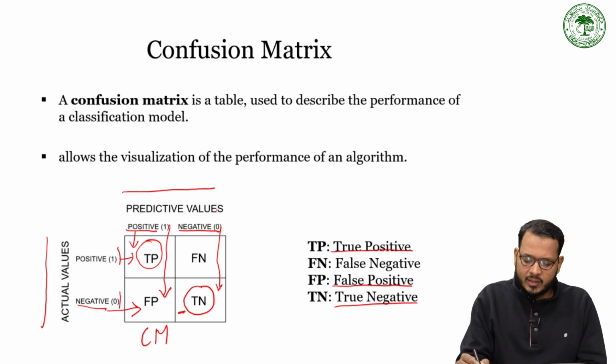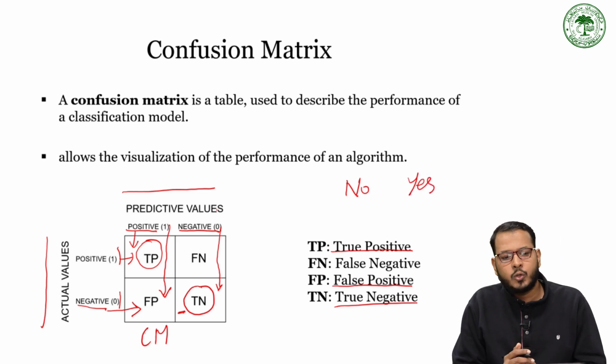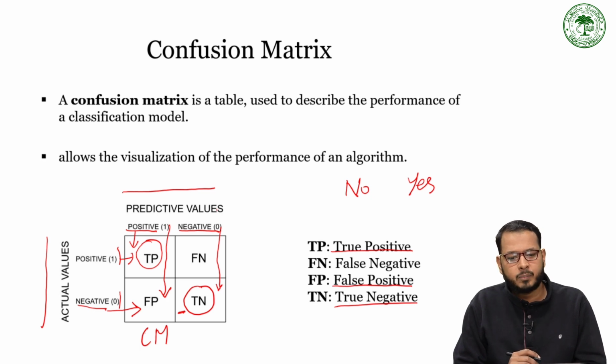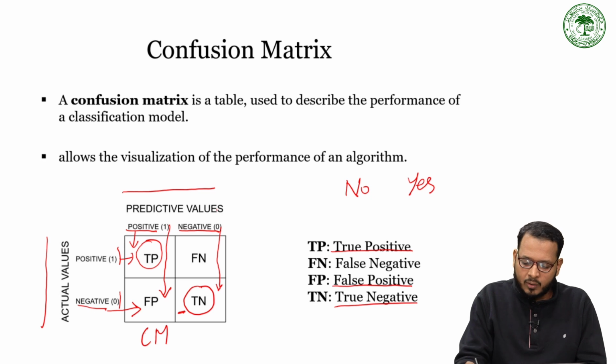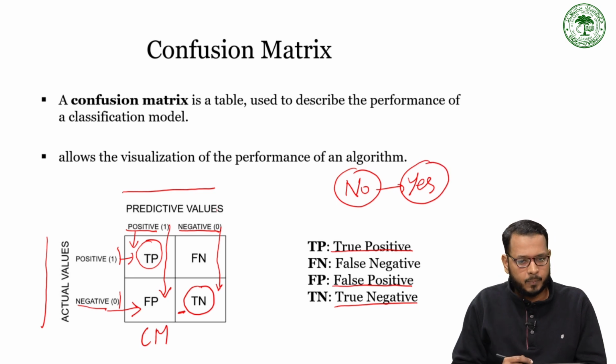So you can consider an instance where the actual value was no, but the predicted value turned out to be yes. You can remember FP or false positive as falsely predicted positive, which means that the actual value was no, but it is falsely predicted as positive.